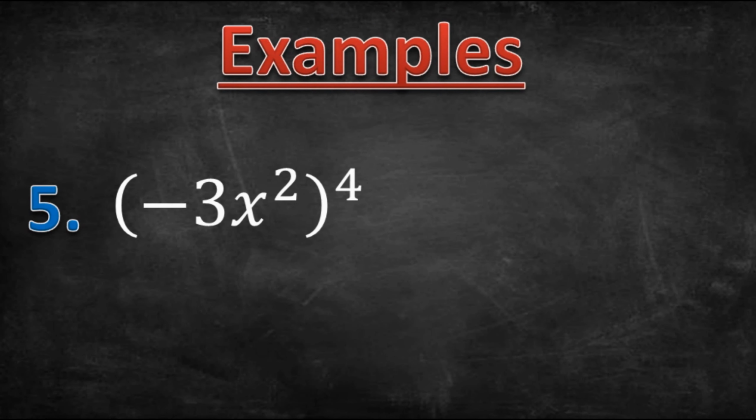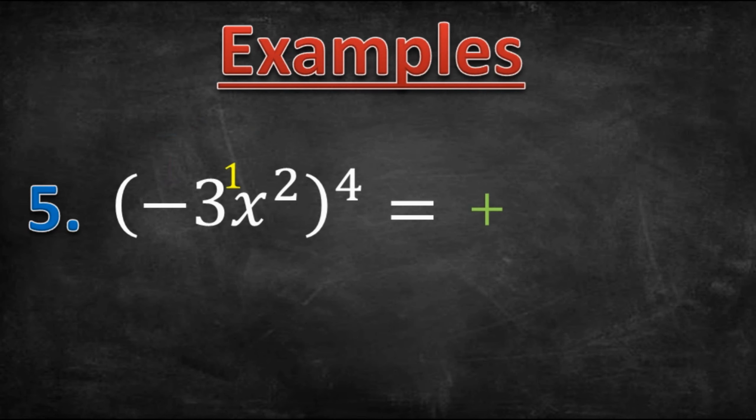So we have negative 3x squared all to the 4. We can first deal with the negative inside the brackets. We know that a negative to the power 4 will give a positive, since 4 is an even number. So we know our answer will be positive. Let's now deal with the 3 inside the brackets. 3 is raised to the power of 1, which we don't write.